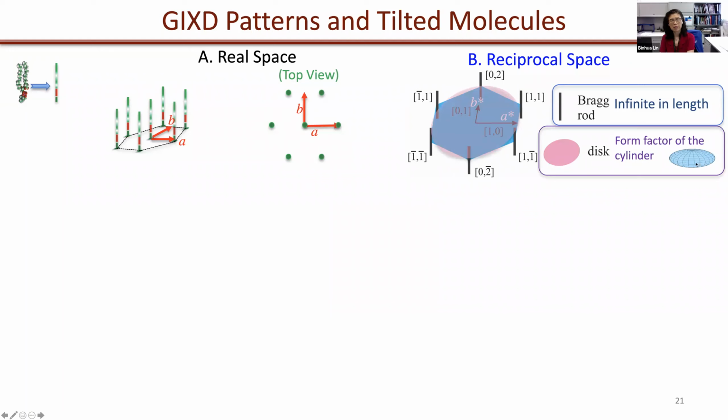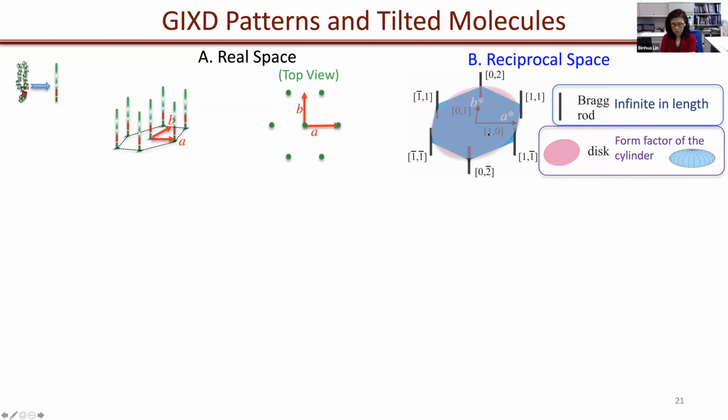Remember, we already mentioned we use an oblate ellipsoid to represent this disk. It's hard to draw, so we use this pink disk to represent the form factor. In this representation, the maxima of the peak along the Bragg rod is where the pink disk intersects those rods.